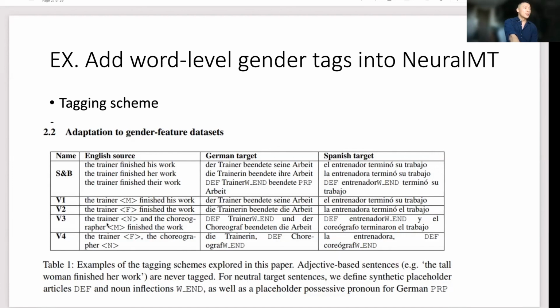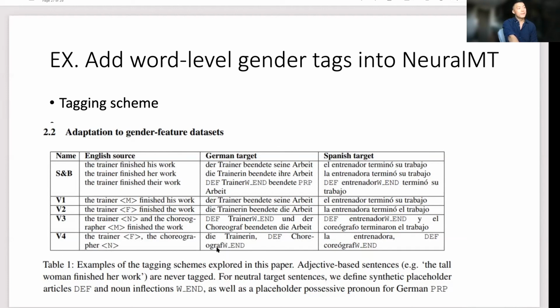Or if you have a mixed sentence like this, like "the trainer and the choreographer finish the work", you can tag whether one is neutral and one is female. The trainer is tagged as female, and the choreographer is neutral. So when you translate it, the tag of female can be directly translated to "Trainerin", which is the female version of trainer.